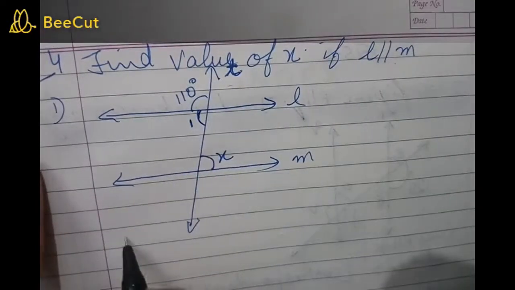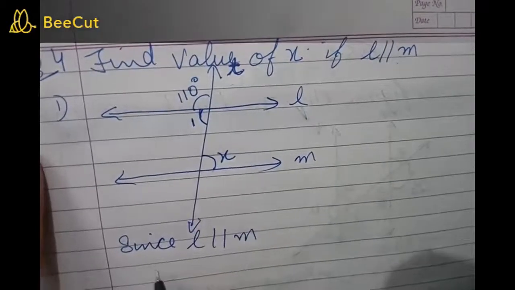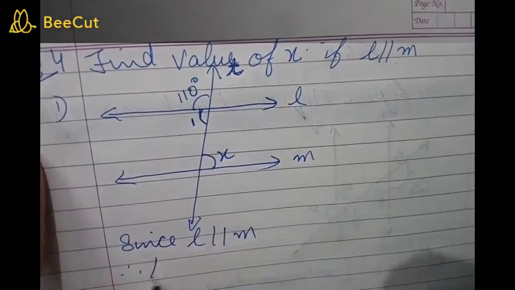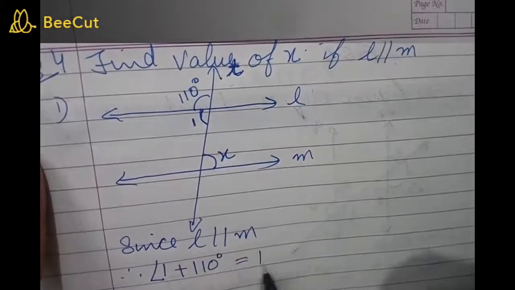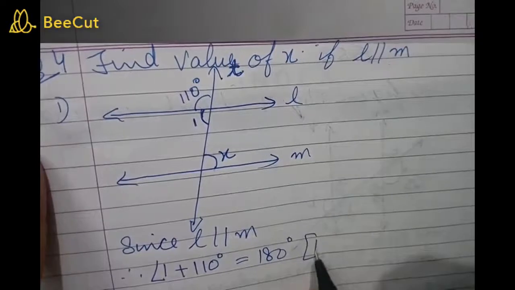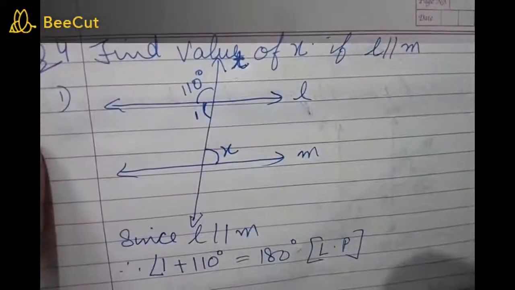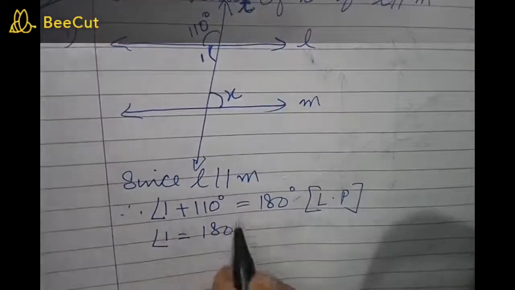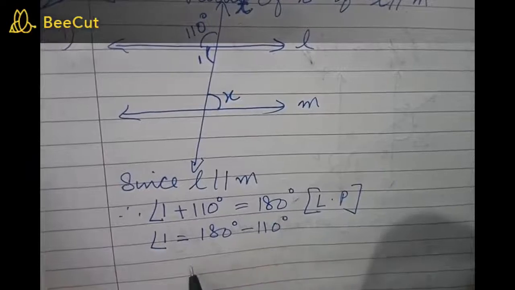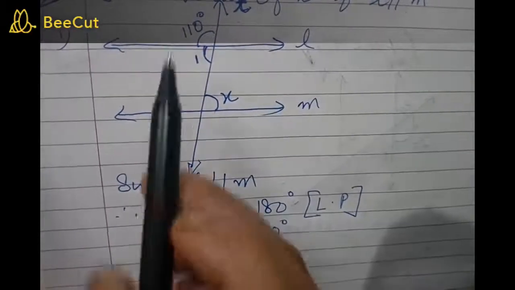So angle, since L is parallel to M, therefore angle 1 plus 110 degree is equal to 180 degree. Why? Linear pair. These two angles will make 180. So angle 1 is equal to 180 minus 110, that is equal to 70 degree.